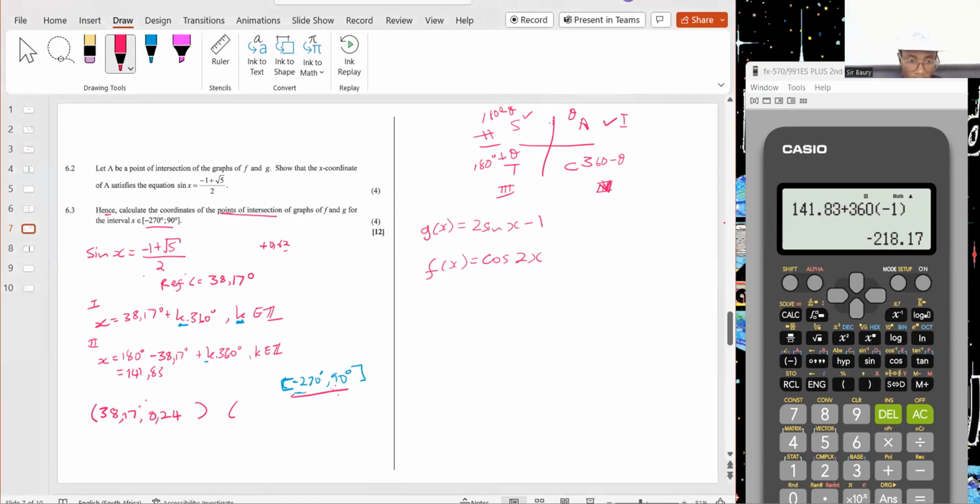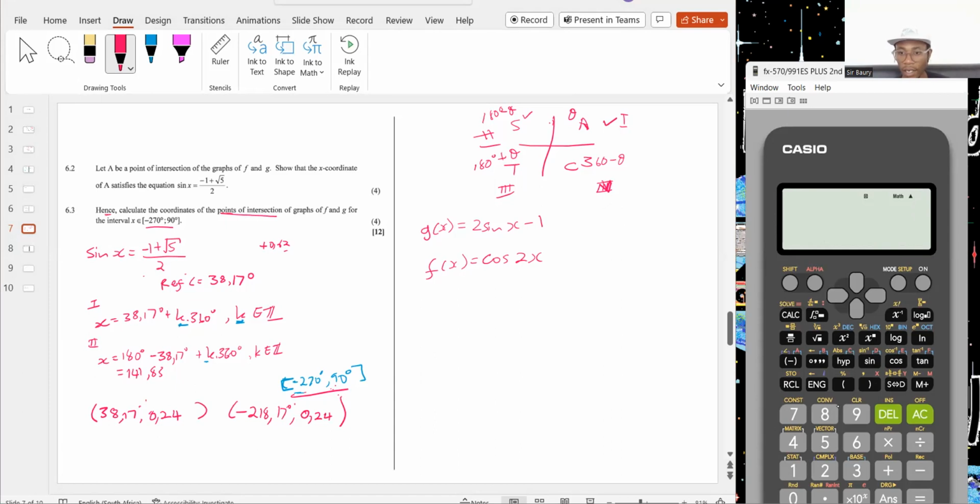It's within the interval. Now, to find the corresponding y value, I'm going to say cos 2 into negative 218 degrees. So my answer is 0.24.